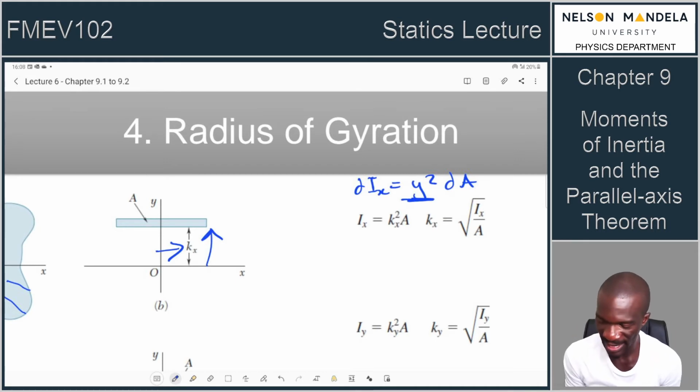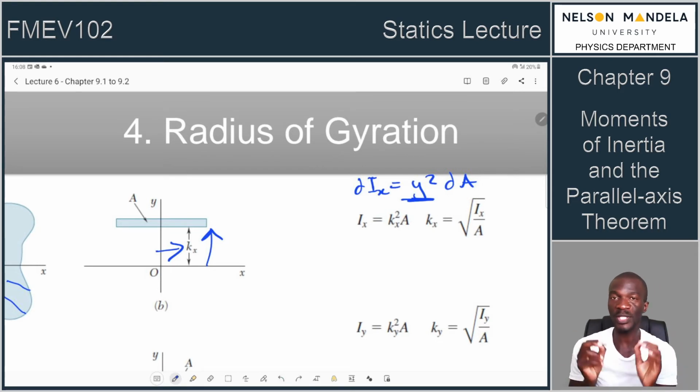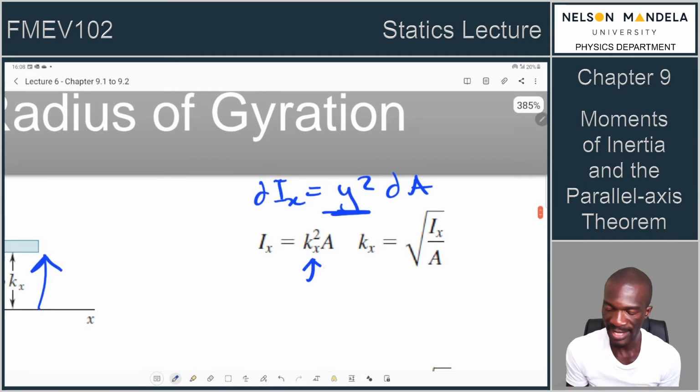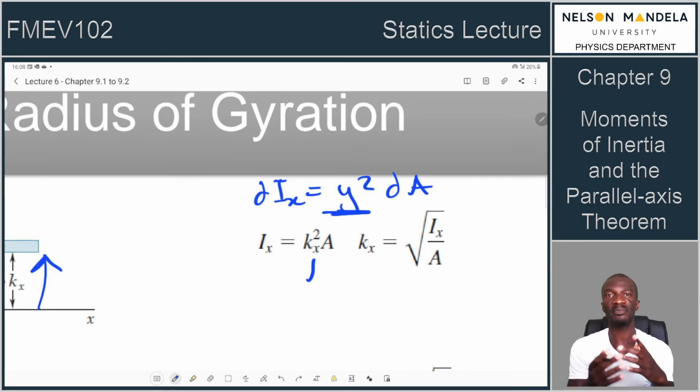So basically, from this equation, we are just replacing the y variable, which in this case is now k. That is why this k is squared when we perform the integration.